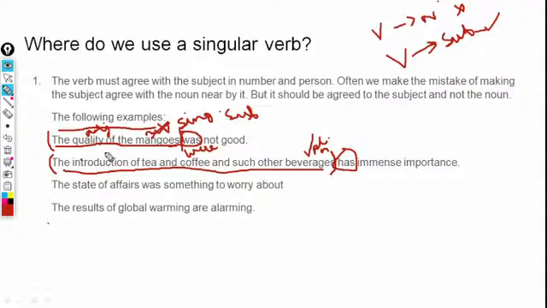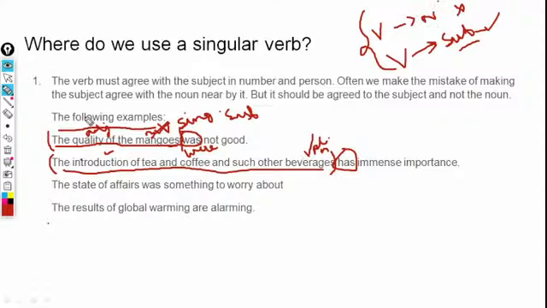It is about the introduction and it is only singular. That itself is singular. The subject is singular. As I've pointed out here, the verb has to agree with the subject and not the noun.